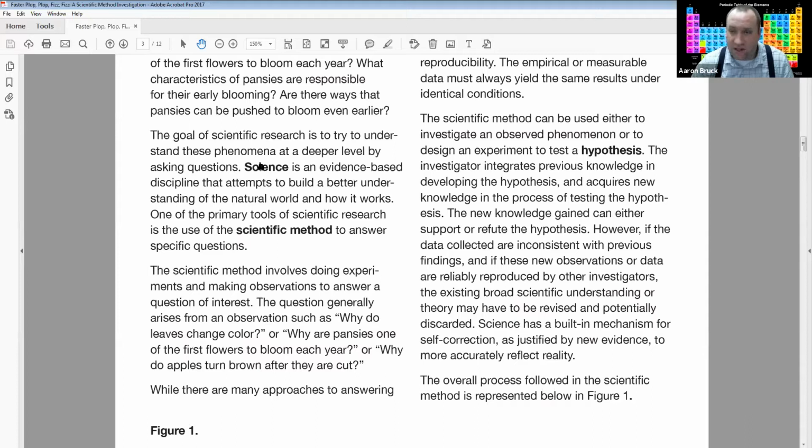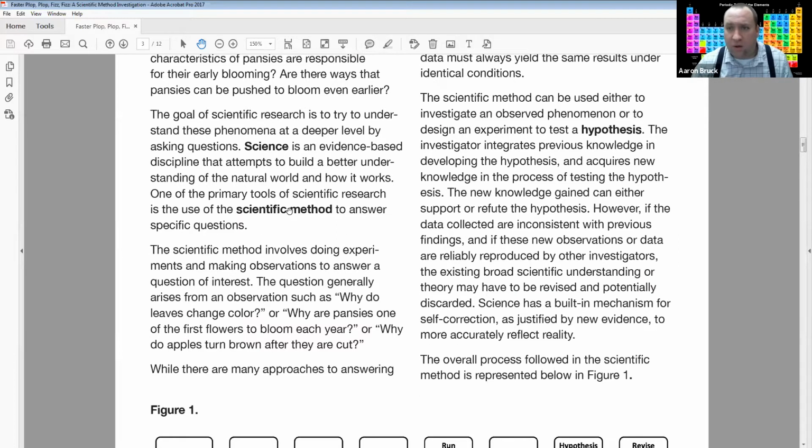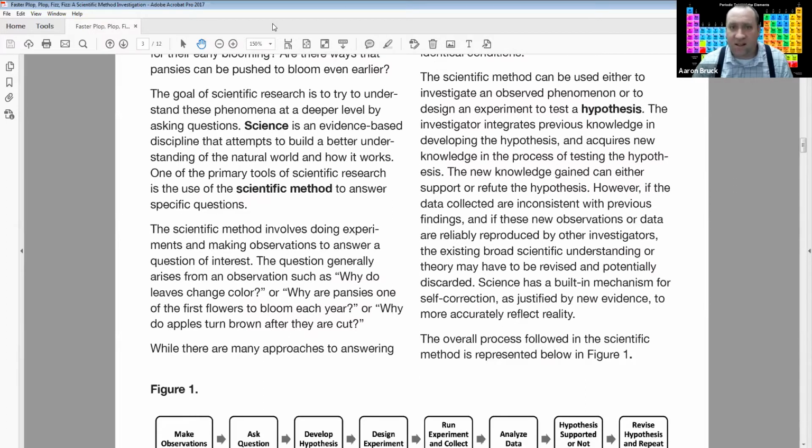Or a better way of saying that is a testable explanation for some sort of thing that we can observe. And any knowledge that we acquire through the scientific method can help us to test this hypothesis that we are building. So let's talk a little bit about the scientific method in general.